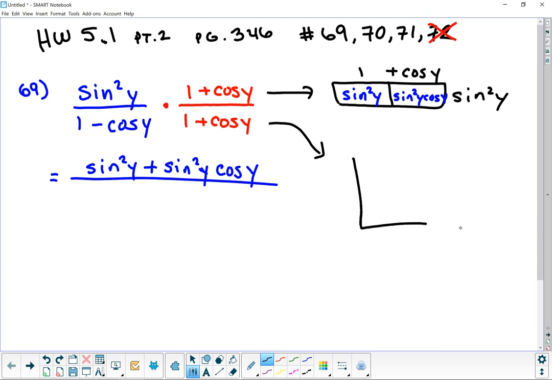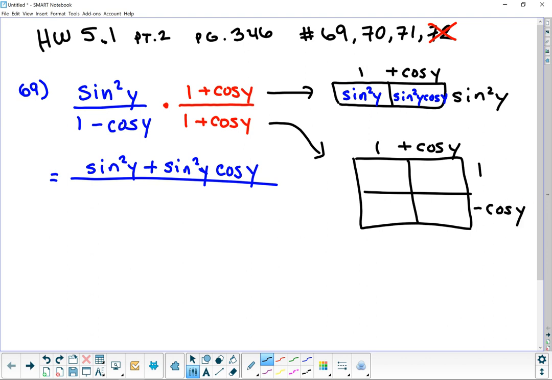this will be another area model, but this one's going to be a little bigger because there's two terms. So we will have a 1 plus cosine y and a 1 minus cosine y. Doing the math, we get 1 times 1 is 1. 1 times cosine y is a cosine y. 1 times negative cosine y is a negative cosine y.